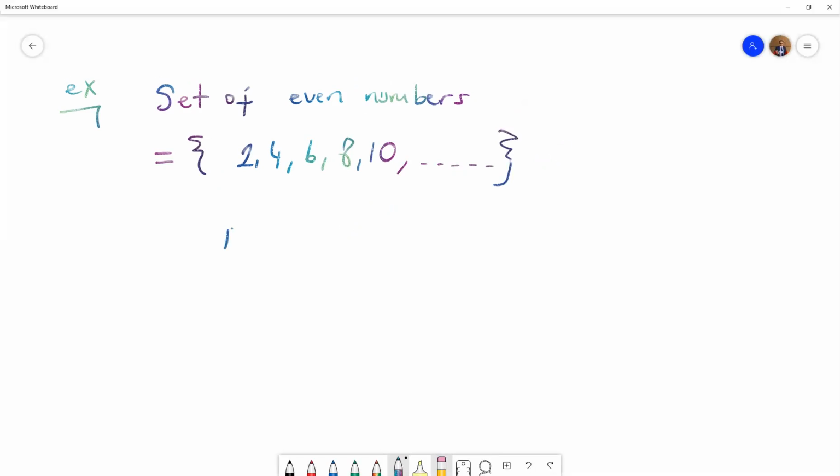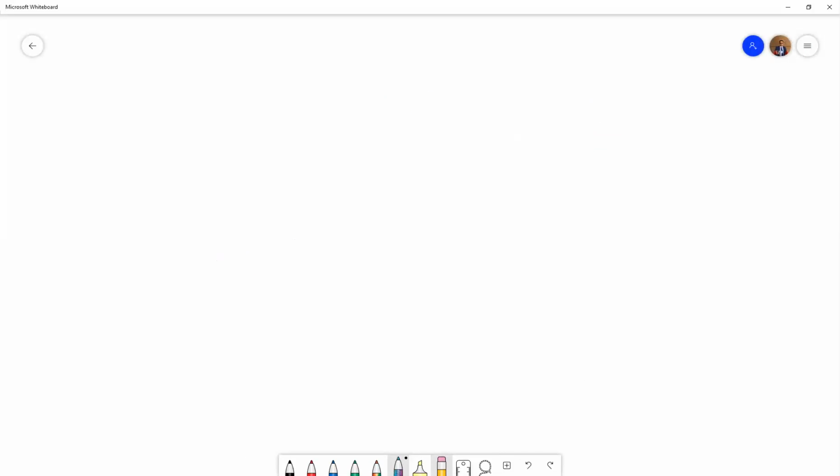So this is an infinite set. This goes to infinity. It's starting with 2, 4, 6, but it goes to infinity. So you understand that this is an infinite set. Finite set, infinite set. You have to know the meaning of this.